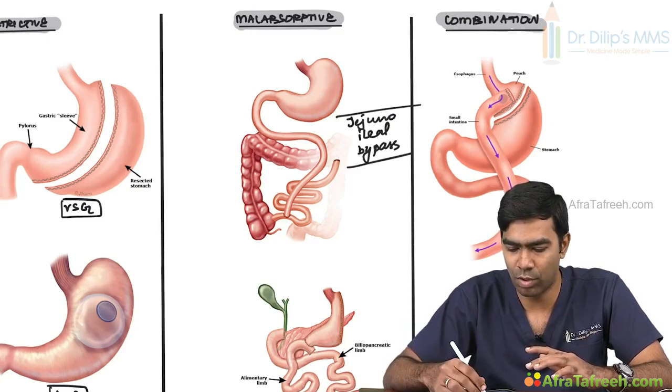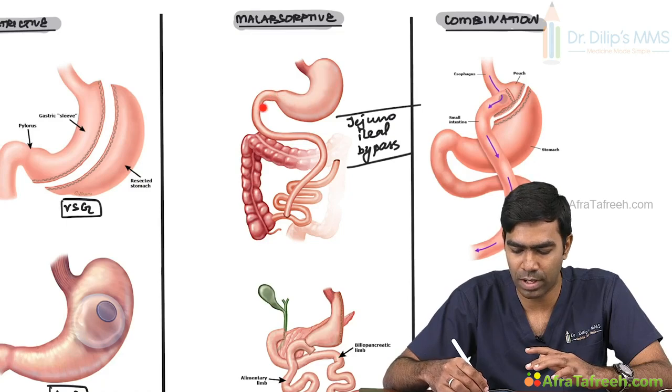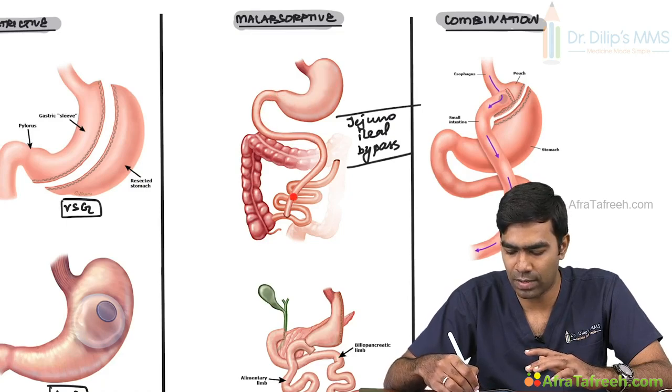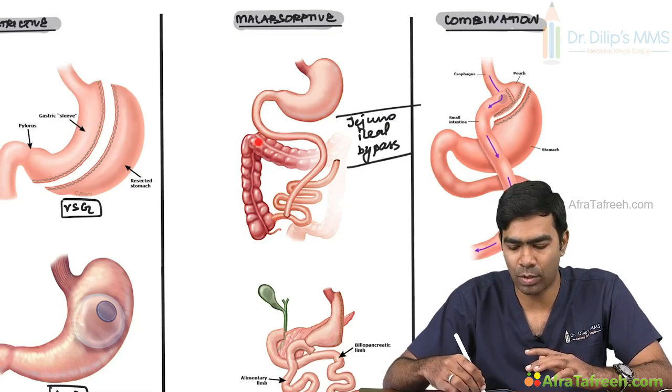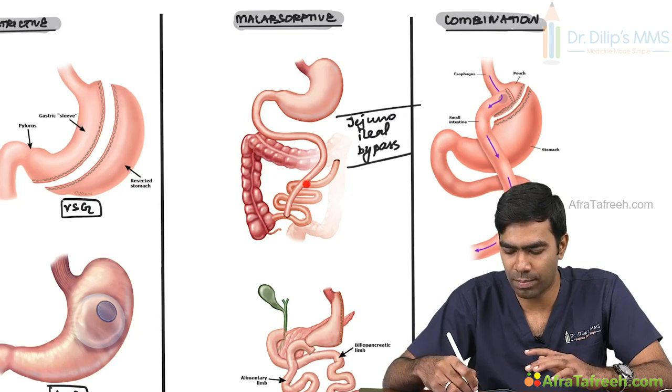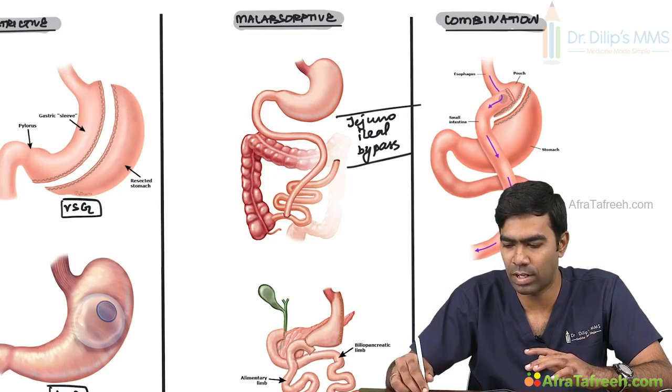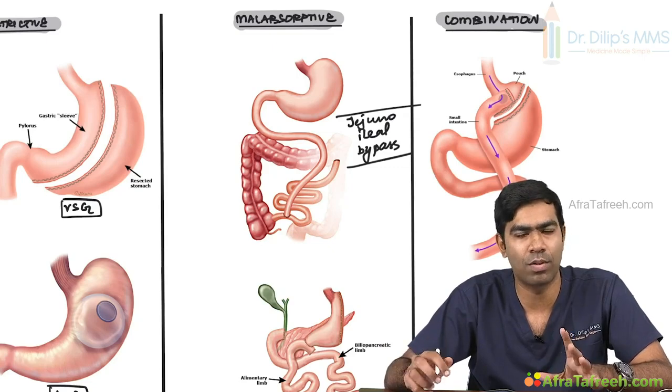This means the food that you eat is going to just pass through the duodenum and directly enter the distal part of the ileum, and then enter the colon, which means you are isolating a major portion of the jejunum and the ileum, so the absorption will be very, very poor, resulting in weight loss.